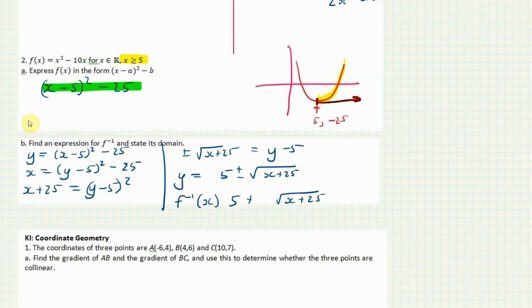If that doesn't make sense, I think we've talked about it significantly in class, but another way of doing it is to take a number like, let's say, 6. We put a 6 into this function here. We get (6 minus 5) all squared, minus 25, and what does that give us? Well, 6 minus 5 is 1. 1 minus 25 is negative 24.